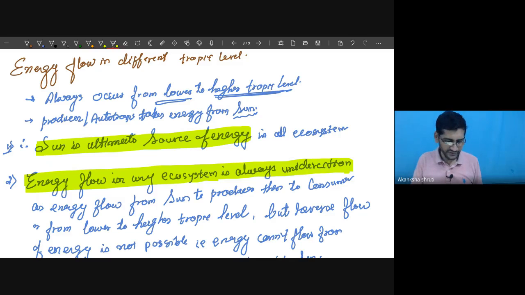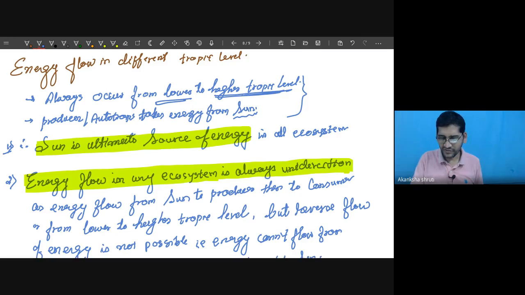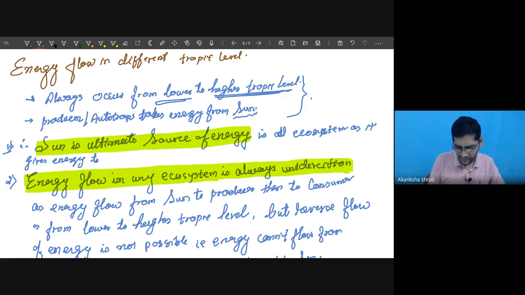First, we have concluded from the above two things. From these two we are getting the first one, and for the second one we have written the explanation, or in short you may also write this: sun is the ultimate source of energy in all ecosystems as it gives energy to producers which pass it to consumers.